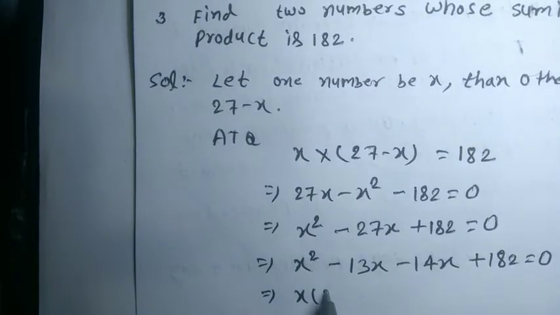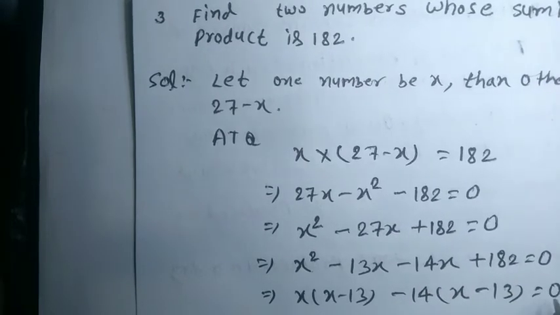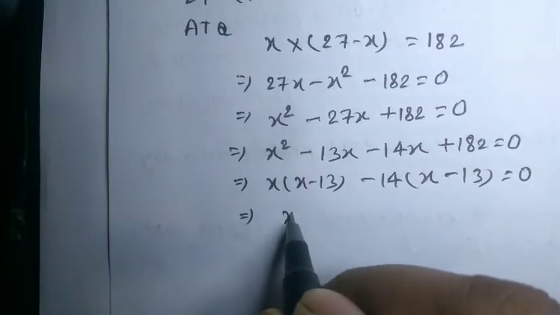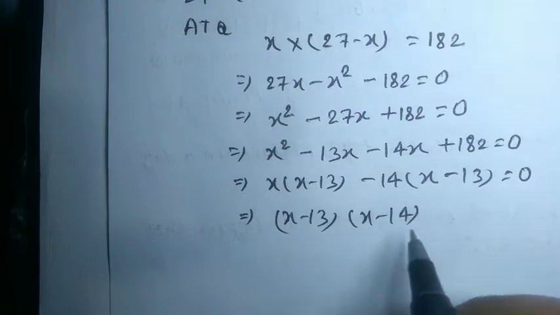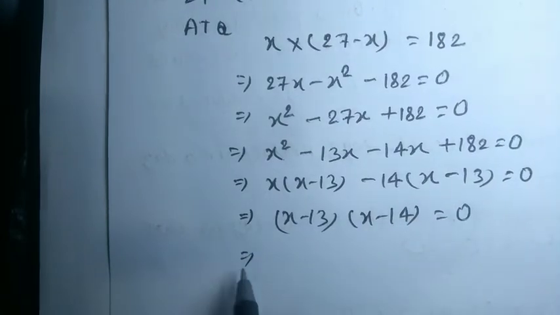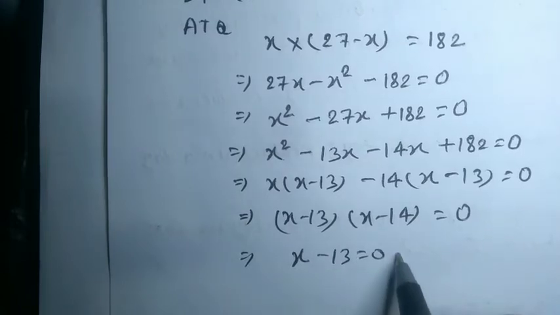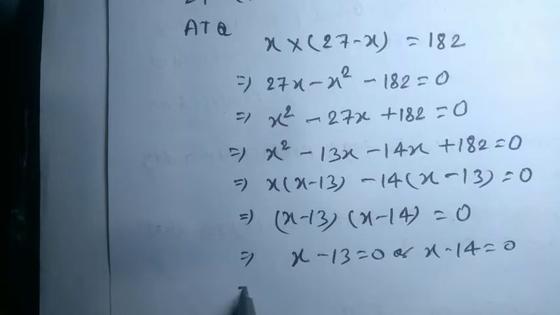Implies x is common, x minus 13 minus 14 is common, x minus 13 is equal to 0. Implies x minus 13 is common, then we get x minus 14 is equal to 0. So x minus 13 is equal to 0, or x minus 14 is equal to 0.